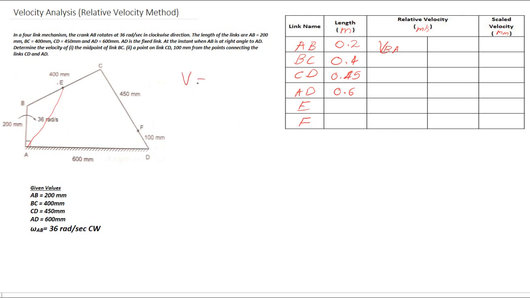Actually we know that V is equal to R omega. Here R is equal to 0.2 and omega is equal to 36 radians per second. Upon calculating, we get 7.2 meter per second.